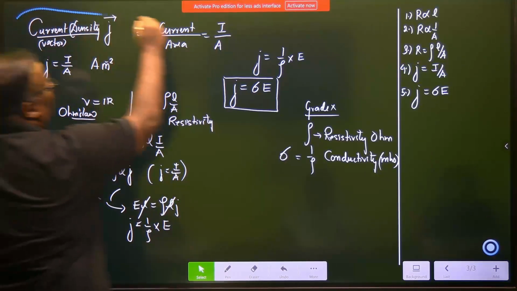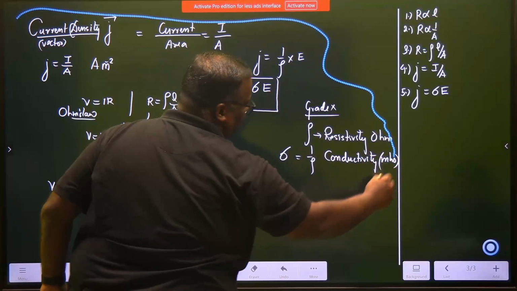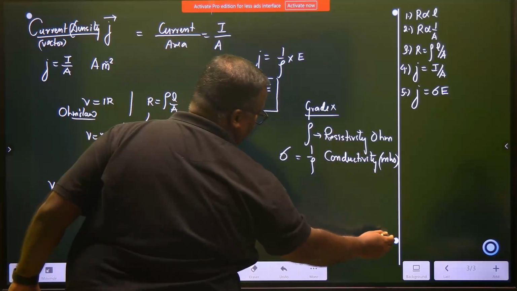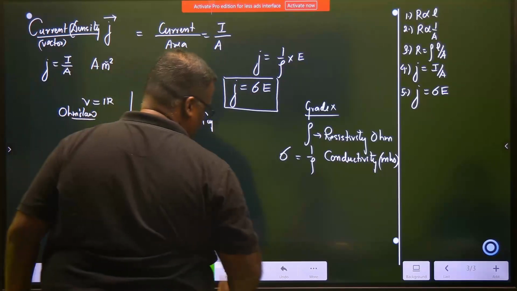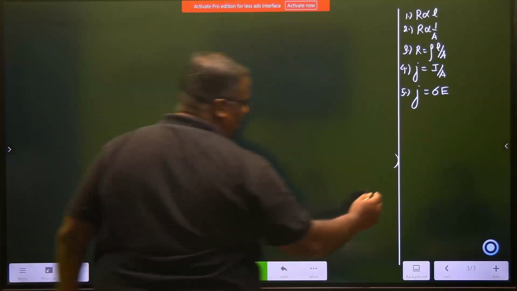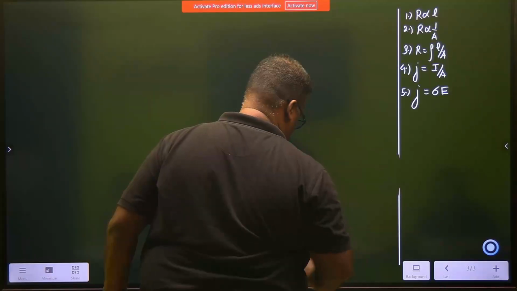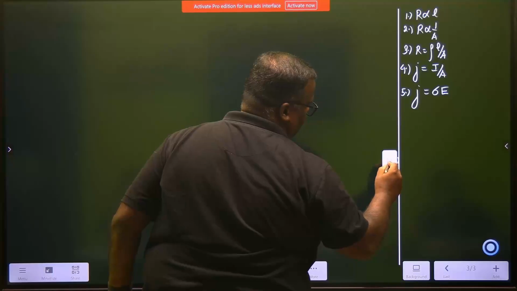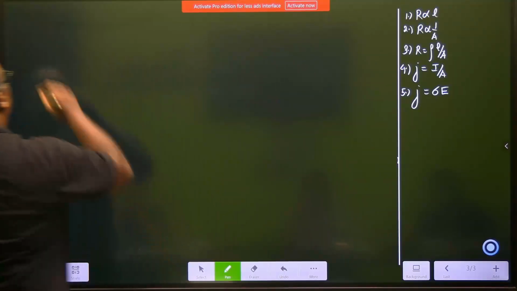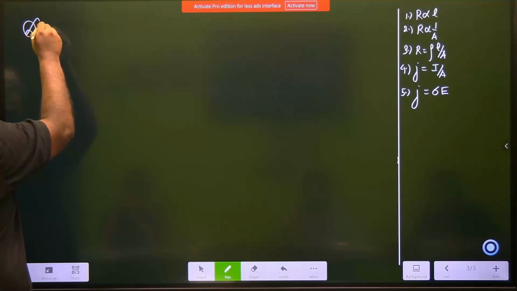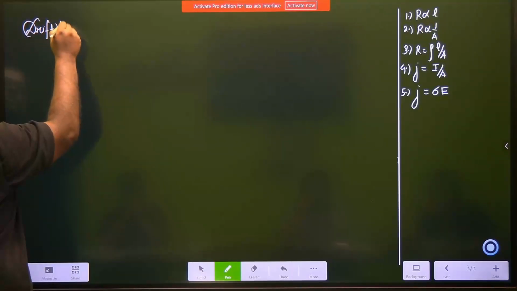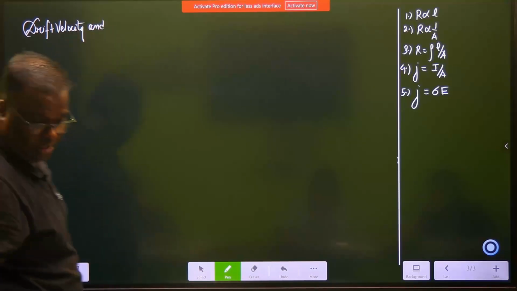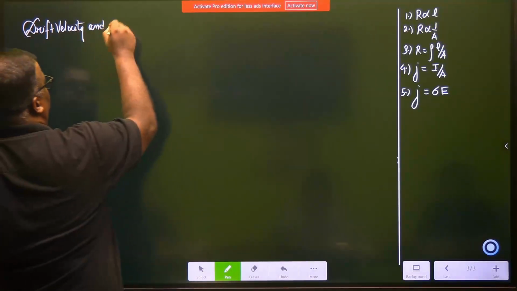Okay, our next topic is drift velocity, and the topic is origin of resistivity.